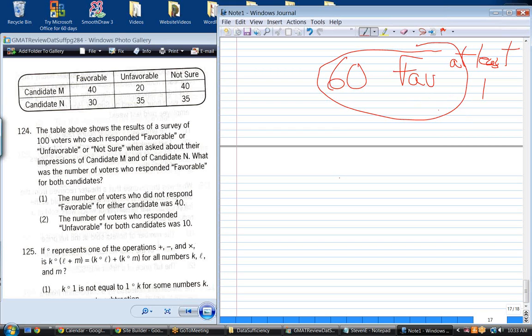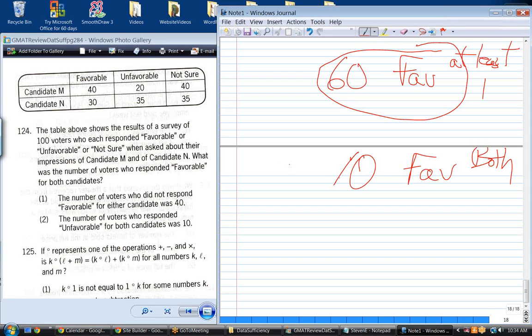We had 60 either one favorables, or some of those 60 could do 2 favorables. Since we've got a total of 70 favorables, I think that does tell us that 10 had to vote both favorable. And there's no other way of getting there. So I think 1 does answer it.